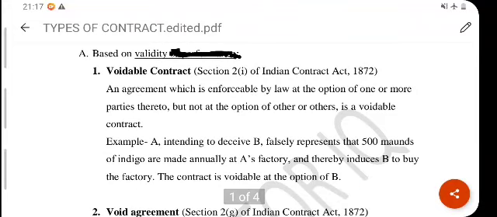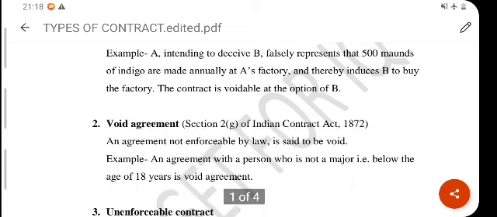For instance, A is intending to deceive B, so he falsely represents to B that his factory produces 500 maunds of indigo annually. Thereby, B gets impressed by A's factory's working and agrees to buy the same. So, this contract is voidable at the option of B.